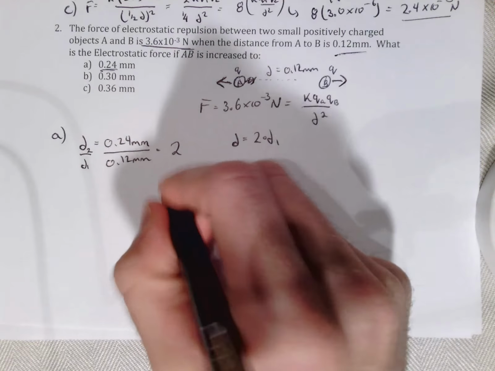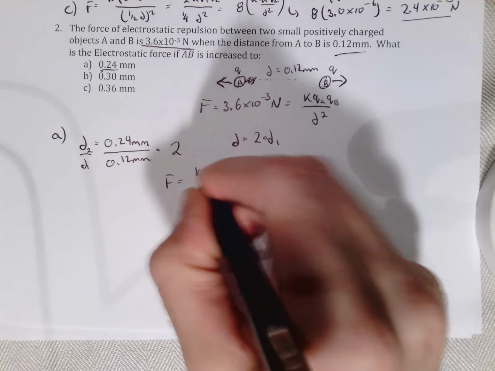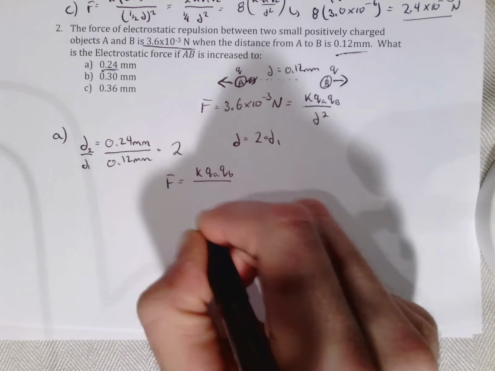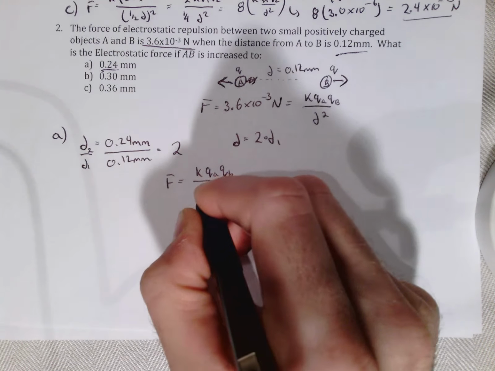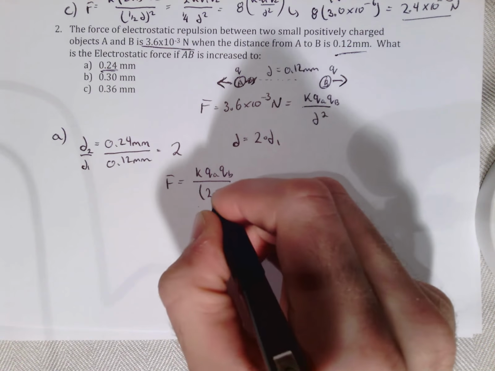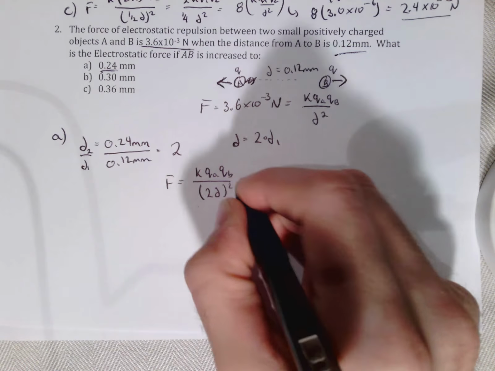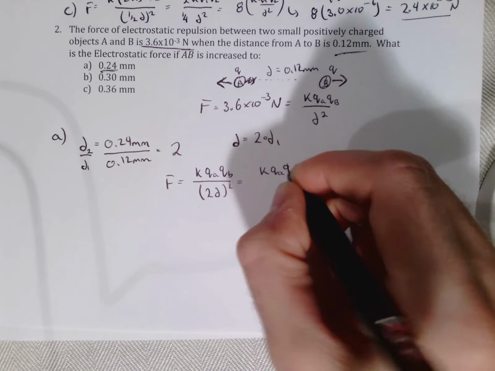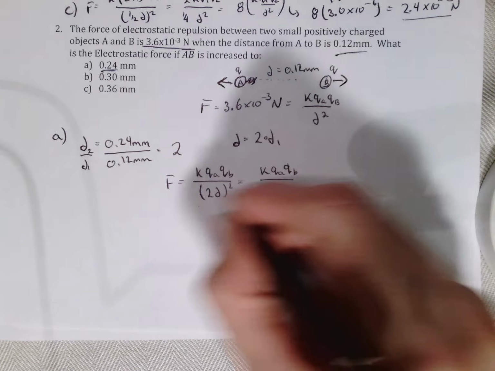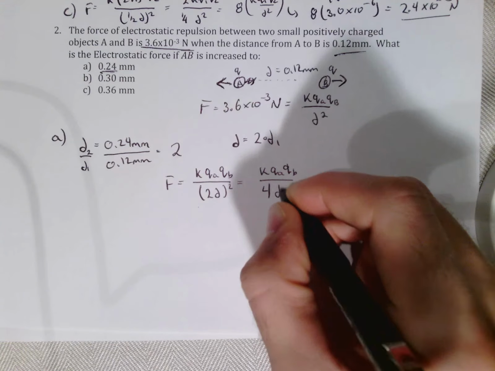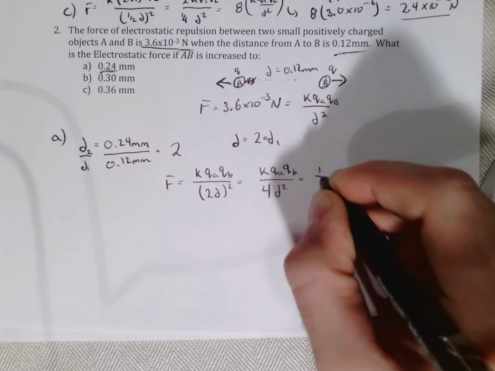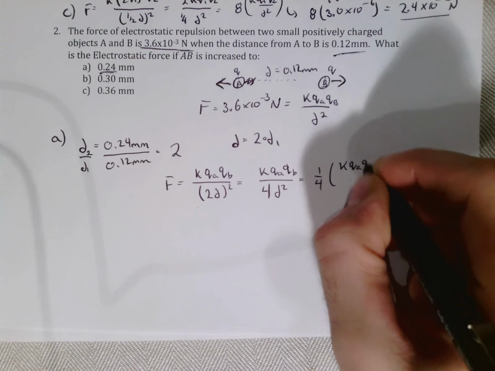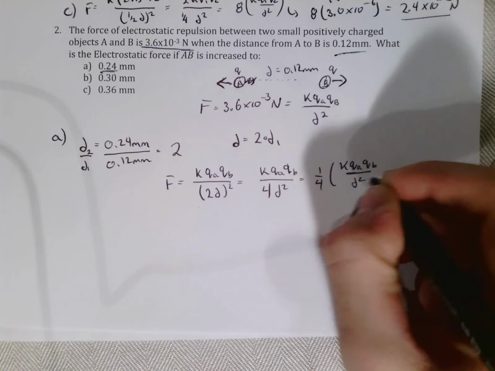So I can write my force is equal to k QA QB, just the charges at point A and B, divided by 2d squared, which is equal to k QA QB over 2 squared is 4, d squared, which is a quarter of k QA QB over d squared.